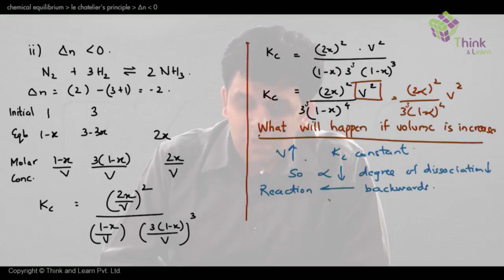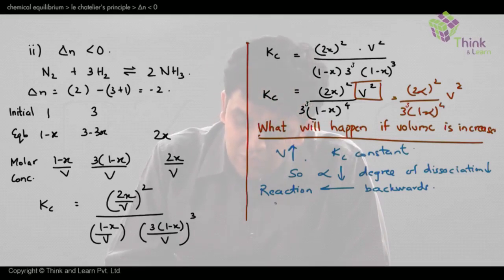Got it? Now, if volume has increased, conversely we can say that pressure has decreased too. So if pressure decreases, even then we can say that the reaction goes in the backward direction.